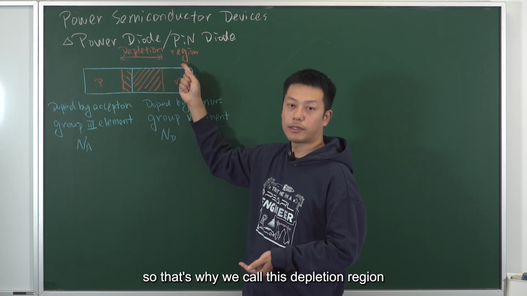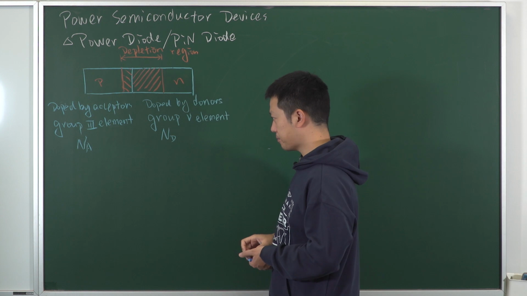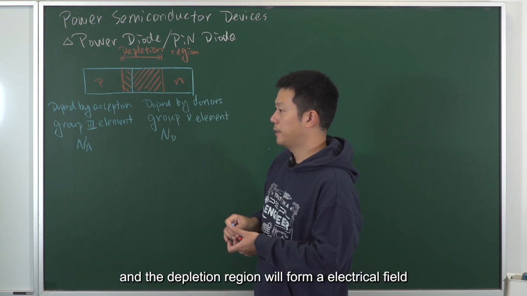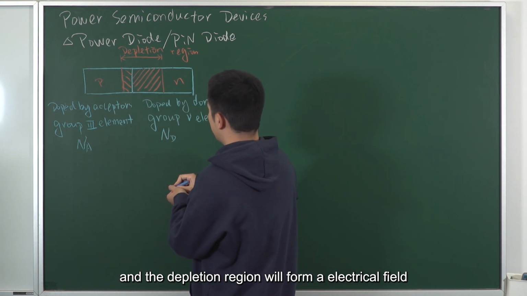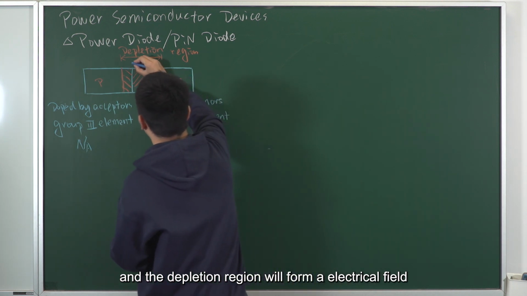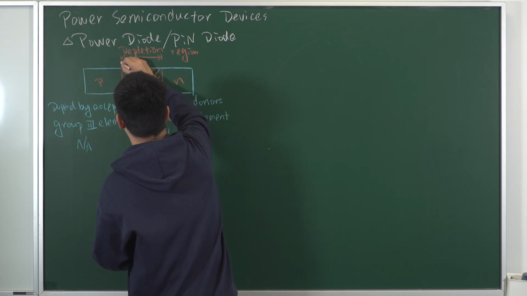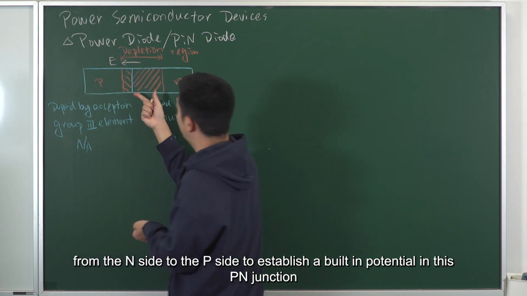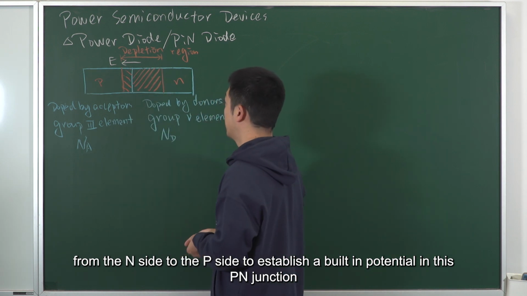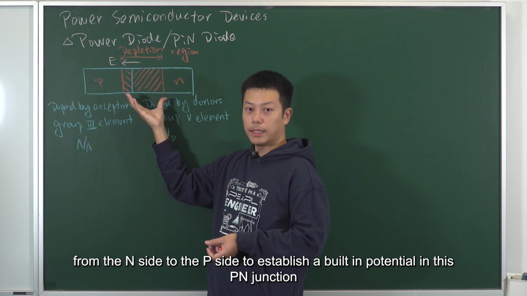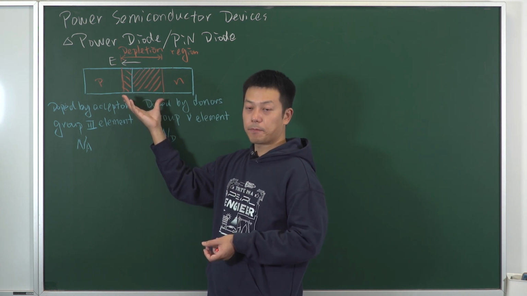That's why we call this the depletion region. And the depletion region will form an electrical field, right, from the N side to the P side to establish a built-in potential in this PN junction.